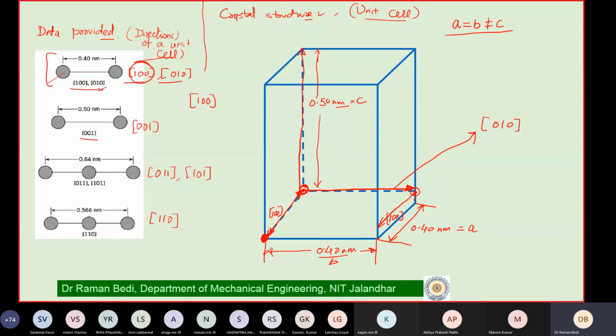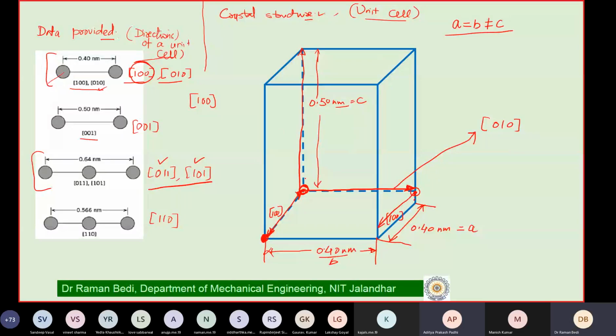Let's come to the third one. We have now directions given here as 011 and 101. Yes, sir. So where are these? 011 is the diagonal to the back side of the plane.